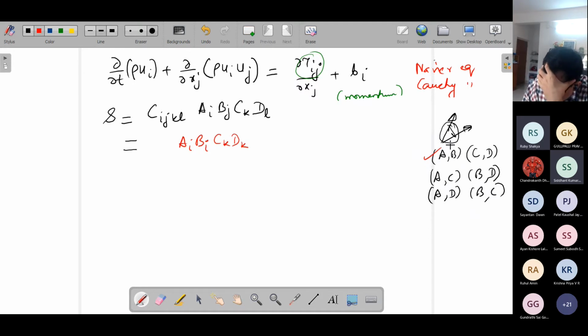The second one, A and C, so AI CK, and B and D. And the third one, this one.